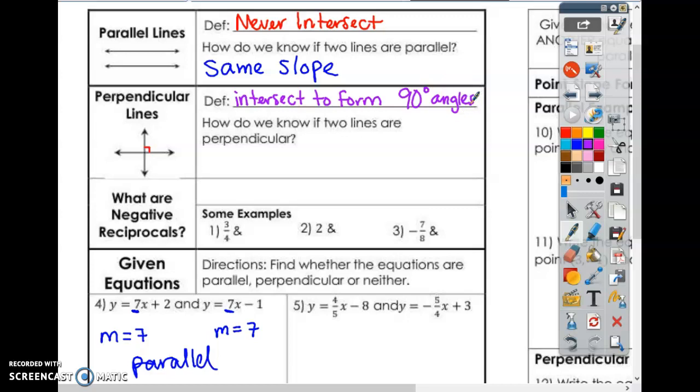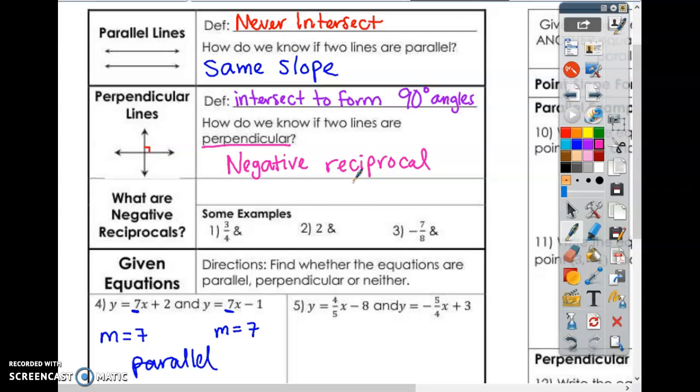So, how do we know if two lines are perpendicular? I'm going to teach you something new. Perpendicular lines have negative reciprocals, or opposite reciprocals. Negative reciprocal, opposite reciprocal, same thing.